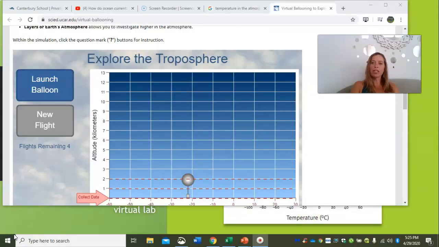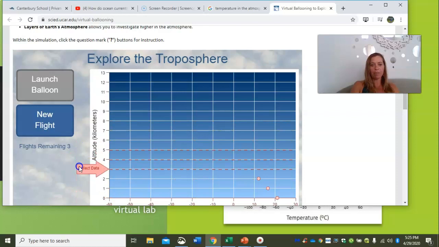When meteorologists are trying to get atmospheric temperatures, they usually use balloons with data collection software. I just wanted to give you an idea of what that might look like. So I'm going to launch this balloon. We're collecting data in the lower levels, and those data points are going to be charted right here. If I collect data points here in the troposphere a little bit higher, you're going to see that those data points continue to decrease in temperature.